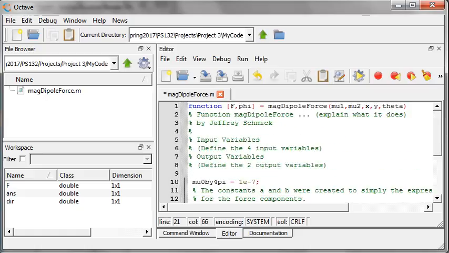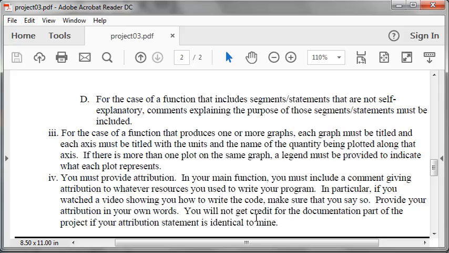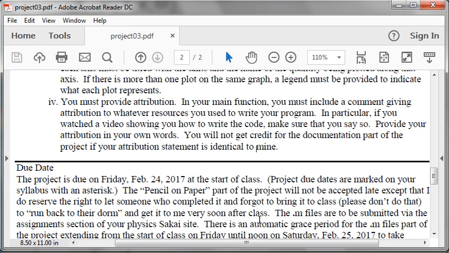And I think the attribution was the last thing. Make sure your attribution is not identical to mine.